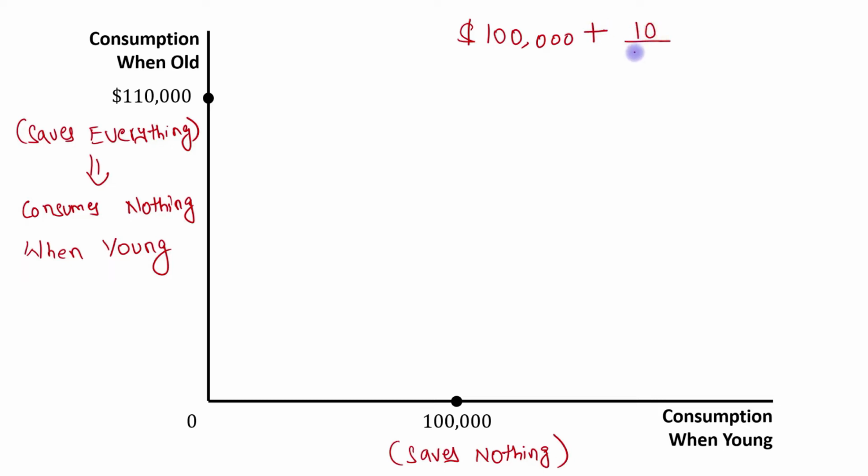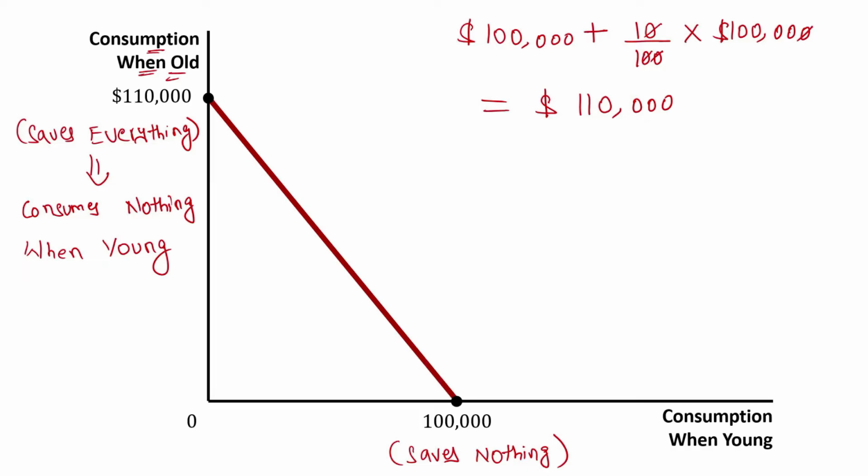We have assumed that the interest rate on savings is 10%, so plus 10% of $100,000, which will be $110,000. In this way you can calculate the consumption when old when he has saved everything, that means consumes nothing when young. Okay, now let's join these two coordinates. So this is the budget constraint.